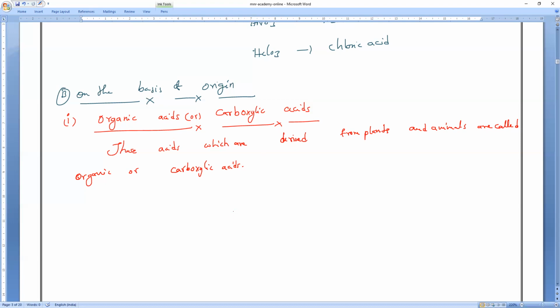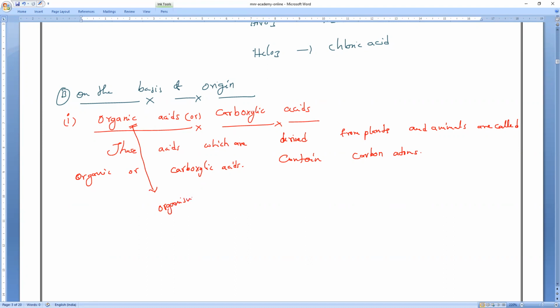If you take carboxylic acids, these acids definitely contain carbon. That is what you have to remember. They contain carbon atoms. Why do we call them organic acids? From the biology word, organisms.